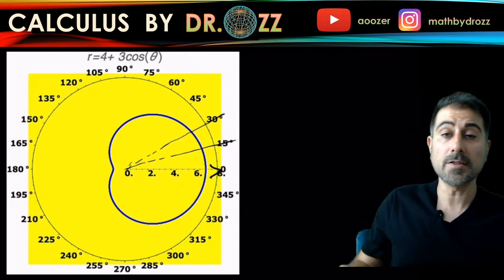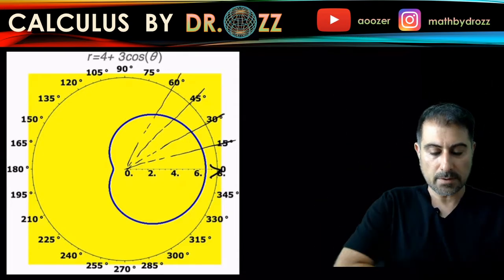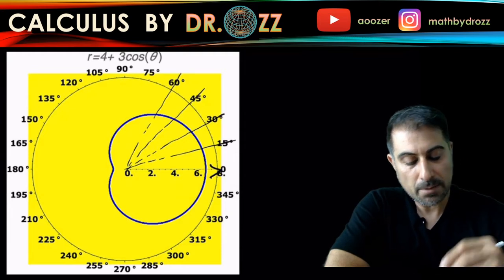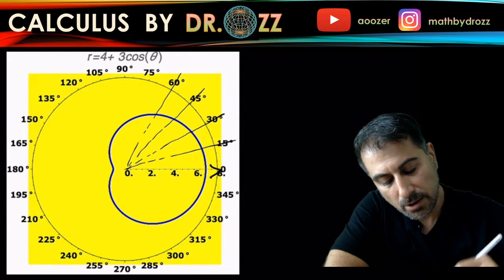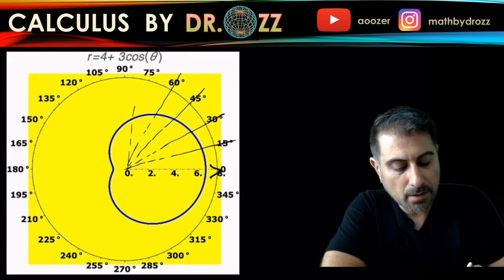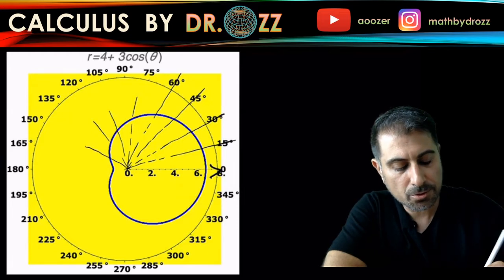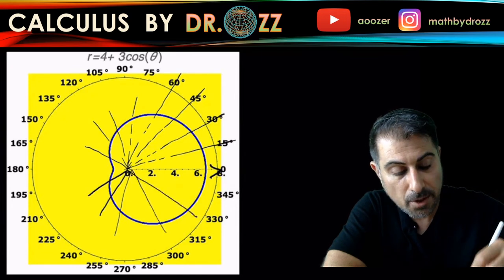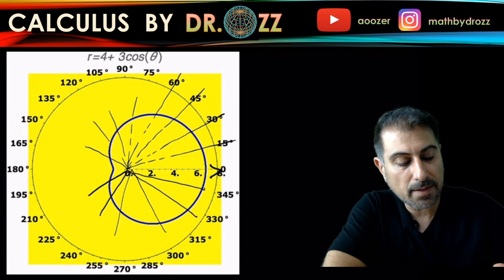In your TI-84, you won't be able to see those units all the way, but you can sweep one full circle, going through all the rays, and make sure you get one full loop starting from here, because this is what theta equals 0 gives.